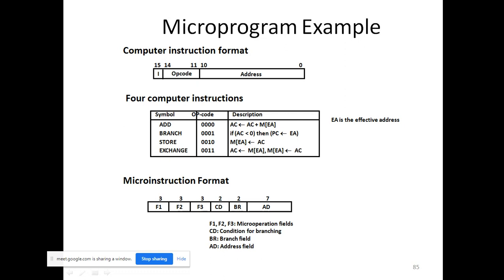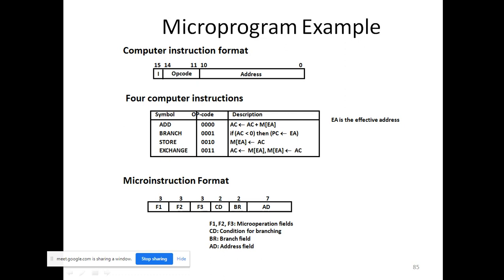In this table only 4 instructions are mentioned, but with the help of this opcode we will finally get 16 memory reference instructions. In this table, only 4 instructions were selected out of the 16.